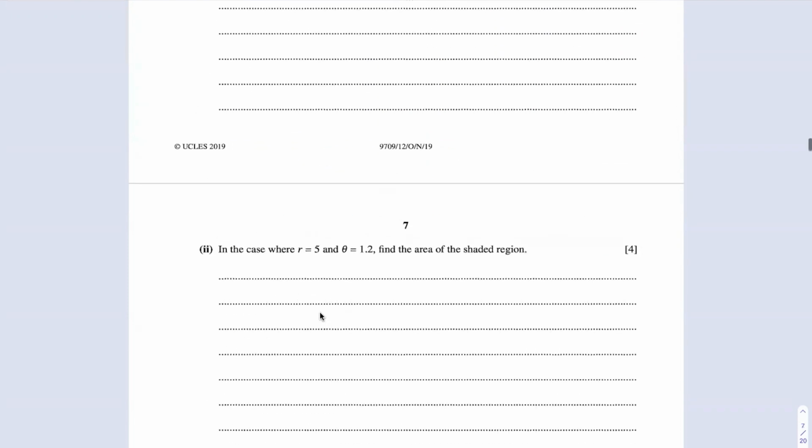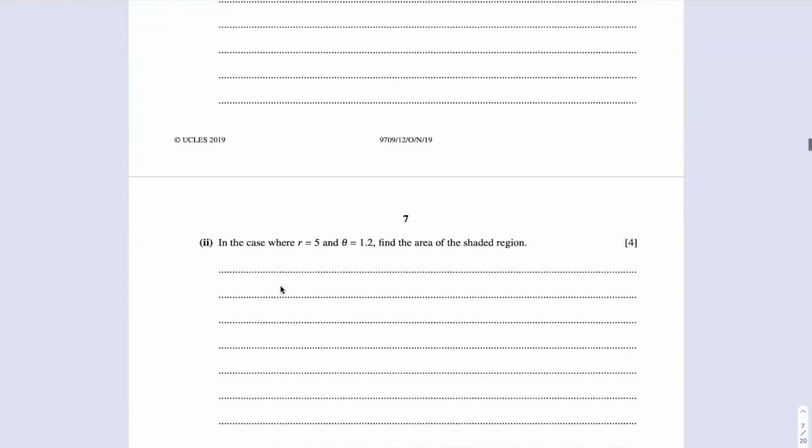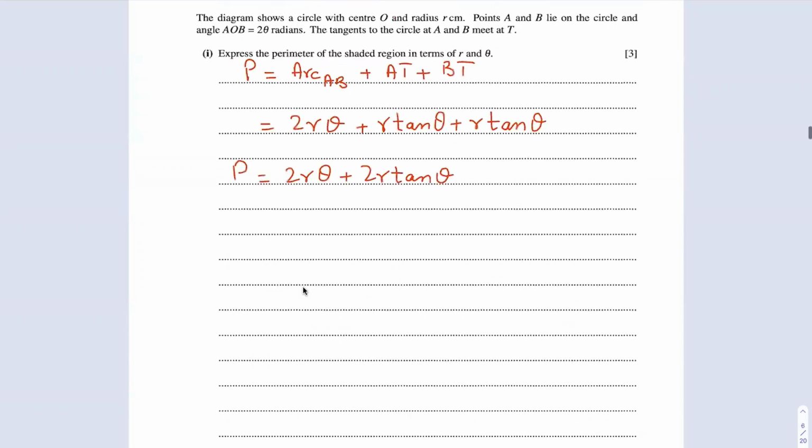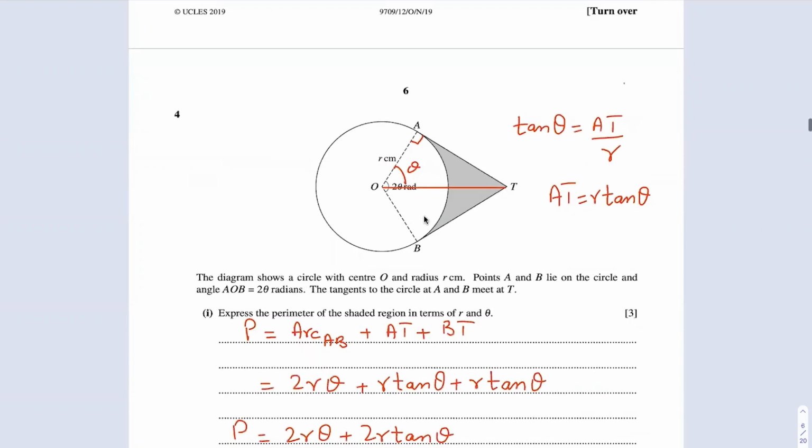And then part 2, we have to find the area of the shaded region, and the values of r and theta are given. Now the area of the shaded region consists of this part. So if we can find the area of the sector and subtract the area of the two triangles, we'll get the area of the shaded region. So we know that this length is r tan theta.